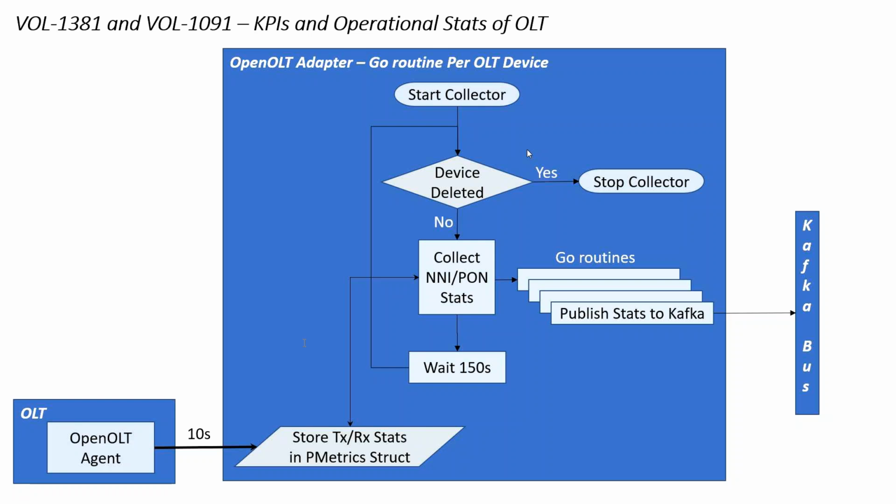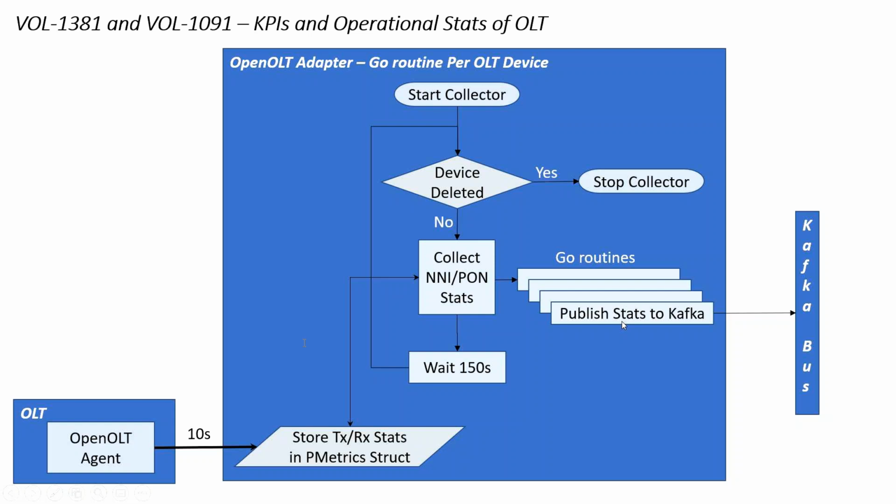Once the start collector is initiated with the polling time and everything, for example, I have given it 150 seconds over here. So every 150 seconds it will keep looping, collect what has been stored in the PM metrics structure, and post it to Kafka. This will be posted to the voltha.events topic.